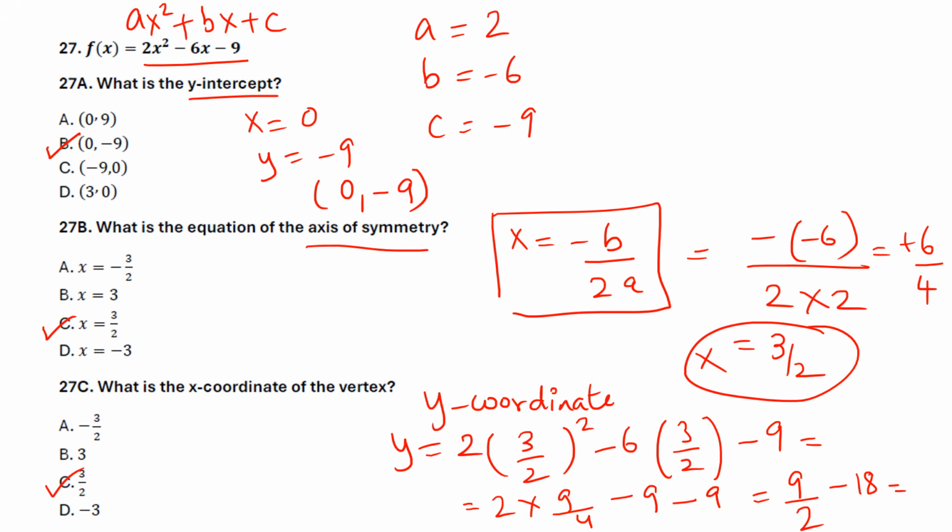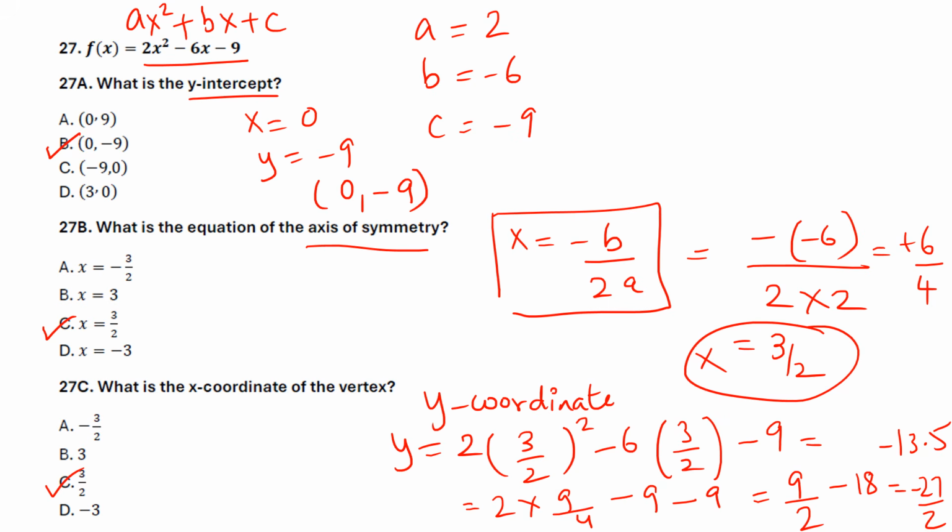So minus 13.5. It's a decimal, you can convert it into a fraction. Also, if you do it into a fraction, then it will come over as 27 divided by 2.